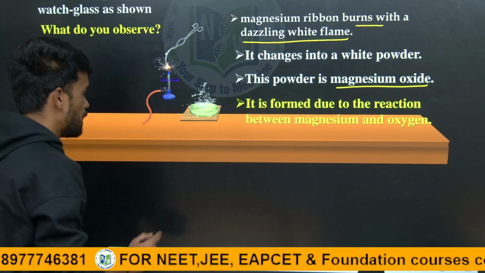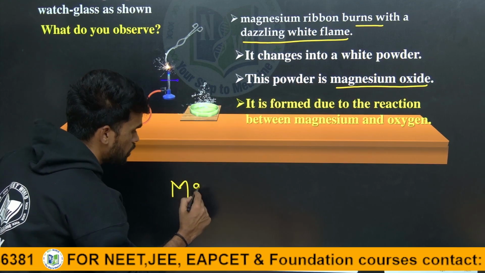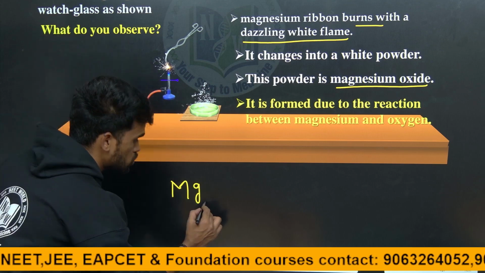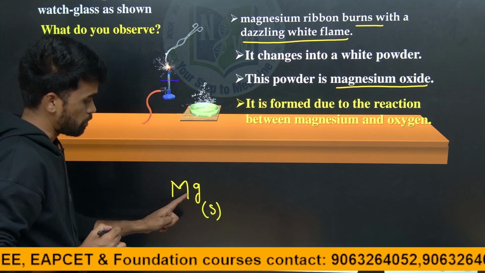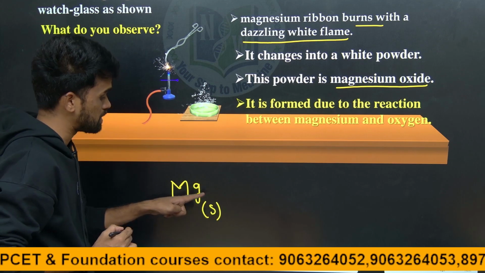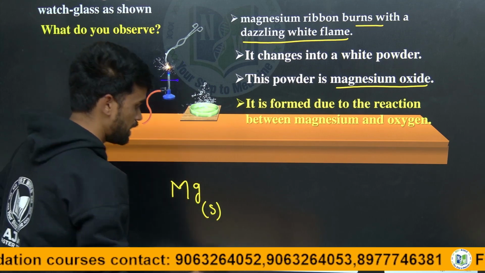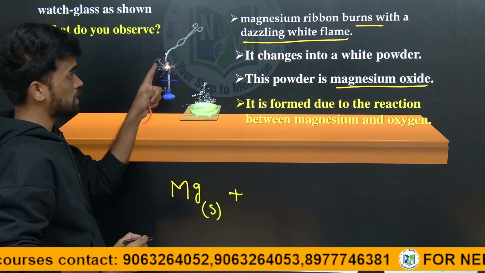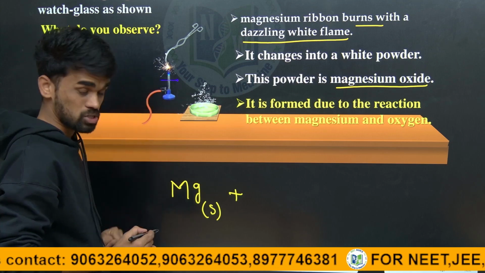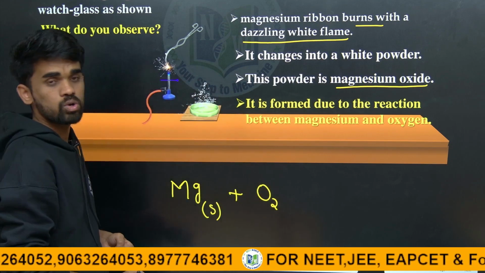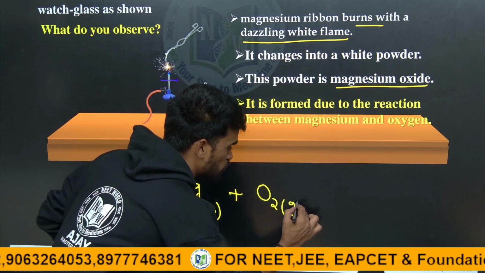So here we have taken magnesium ribbon, which is in solid form. Yes. So magnesium I have represented with its physical state, which is solid. Then next, for this combustion process, this burning process, we require oxygen, right? So O2 I have written, and O2 will be in gaseous form. Yes.